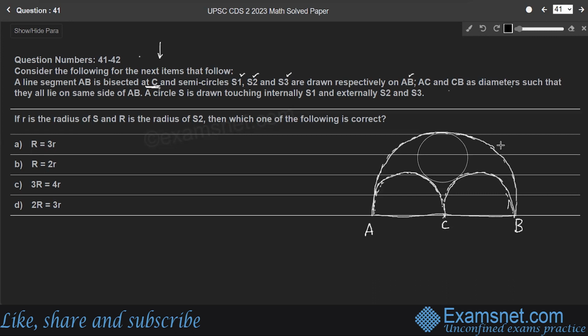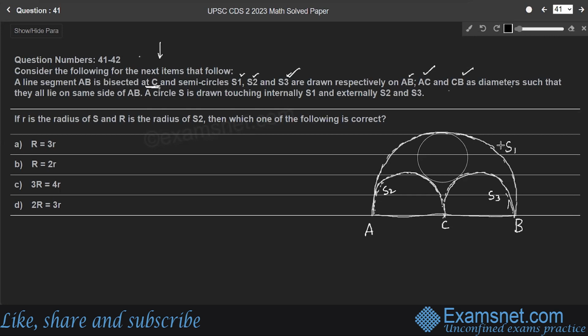So S1 is drawn on the diameter AB, S2 is drawn on diameter AC, and S3, the third semicircle, is drawn on diameter CB, like this, such that they all lie on the same side of AB.